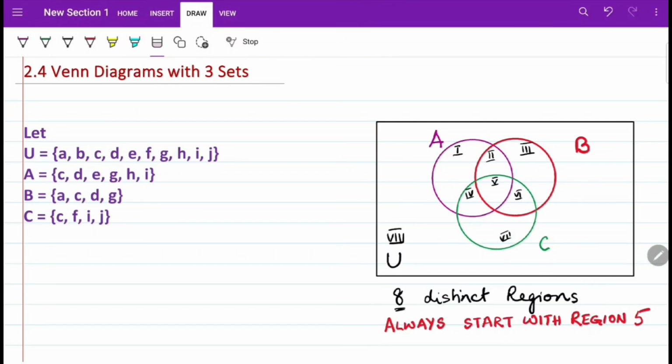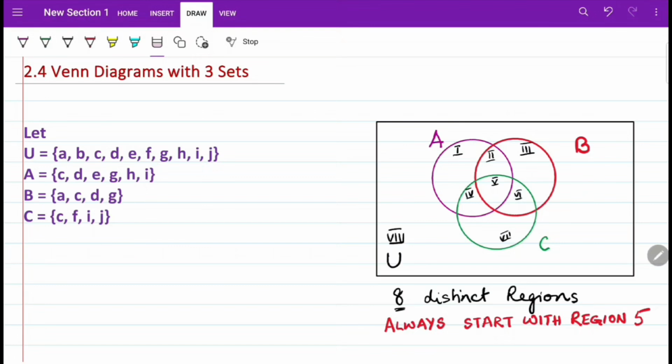Now, the rule of thumb is always start with region 5. So we are going to start by filling in the values into region 5, which is the intersection of all 3 sets, and then we are going to move outwards.